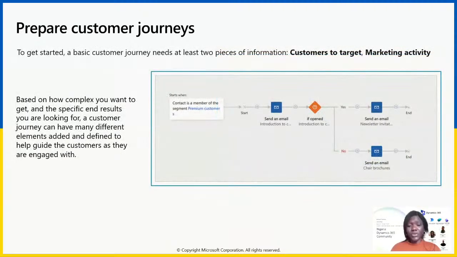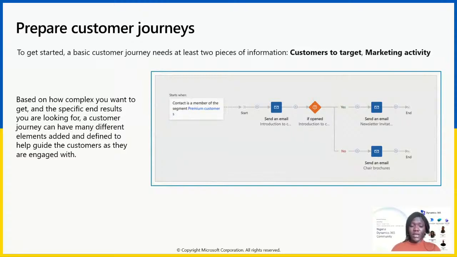So how do you prepare for this customer journey, right? There are different styles that you can use in your customer journey. We have the audience. Who do you want to target in this particular customer journey that you have created? So you need to specify who your target is.